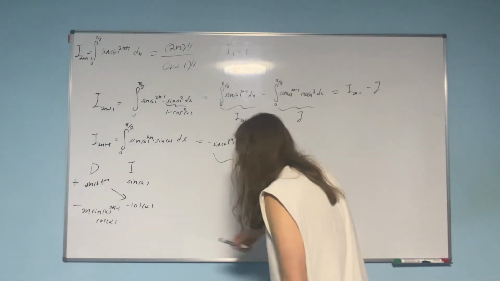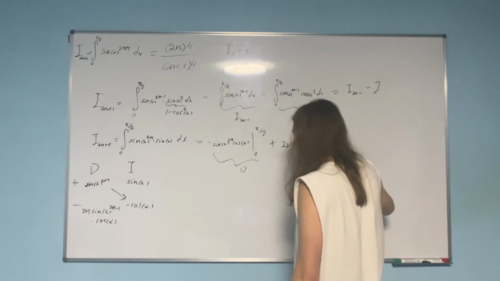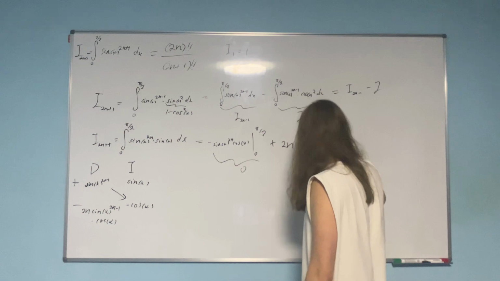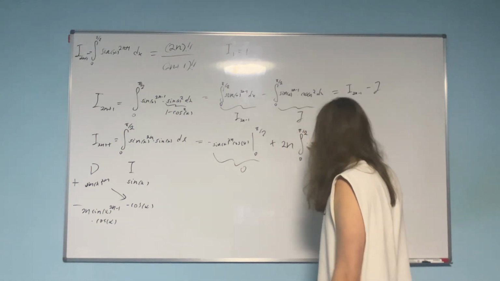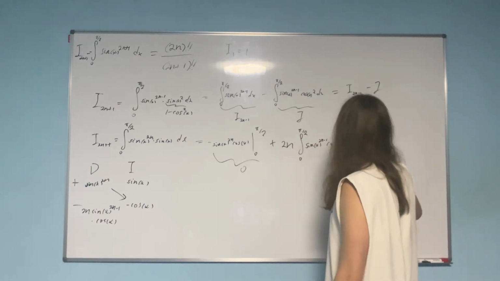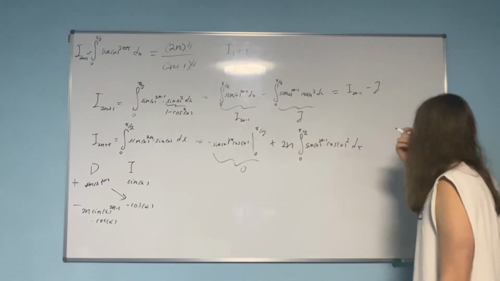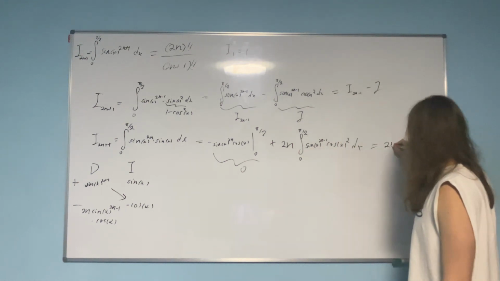And we get an integral of 2n times sine of x to the 2n minus 1 times cosine of x squared. And this is now the same integral I denoted by J. So we have 2nJ.